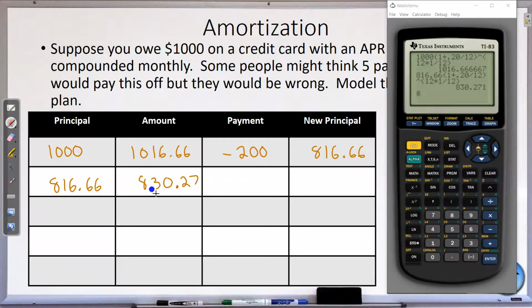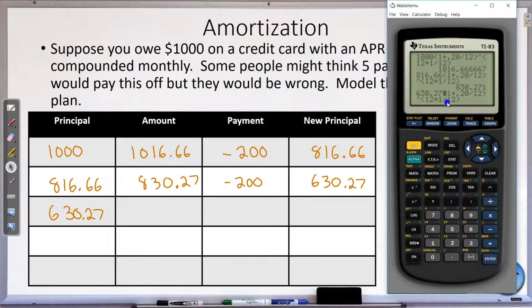So now that we've been charged interest, we make a payment, minus $200. We are now at $630.27, and that gets carried over. All right, now hopefully this goes a little bit faster. We get charged interest. So 630.27.